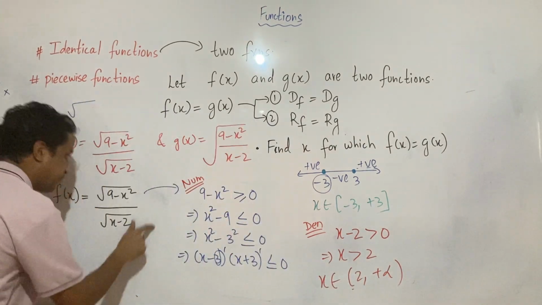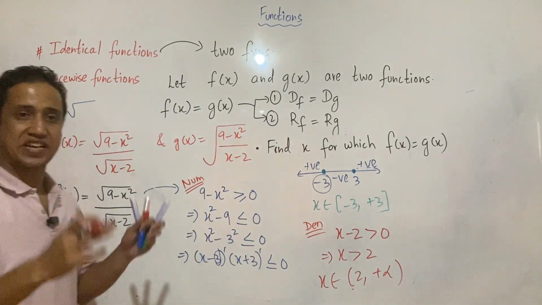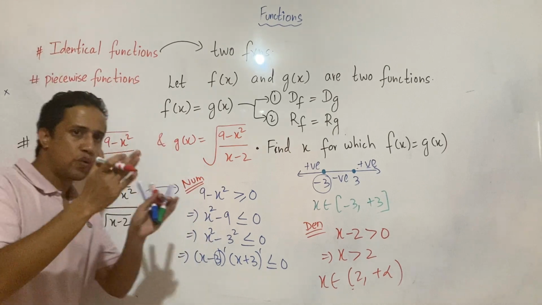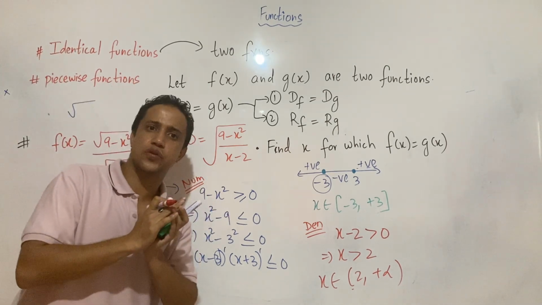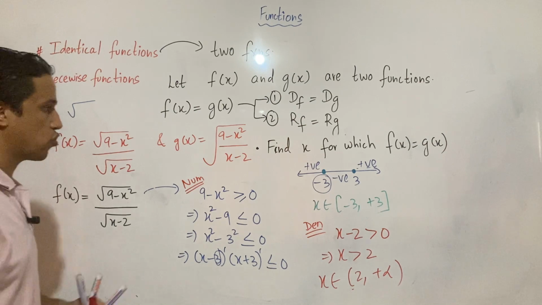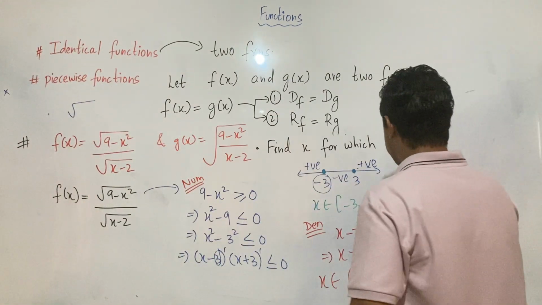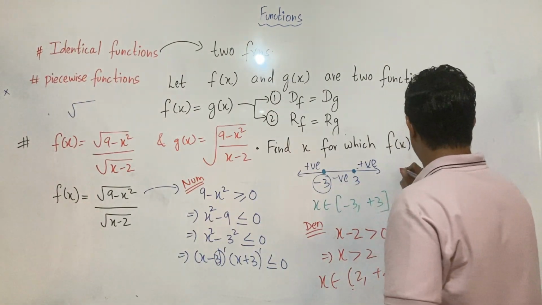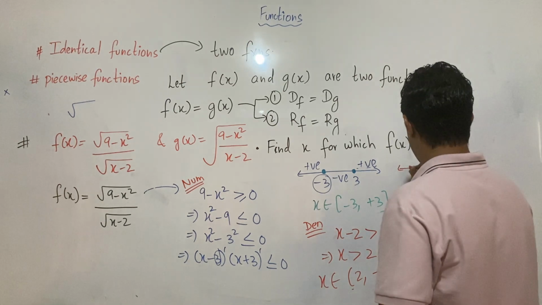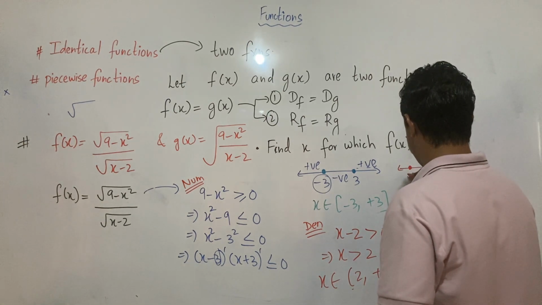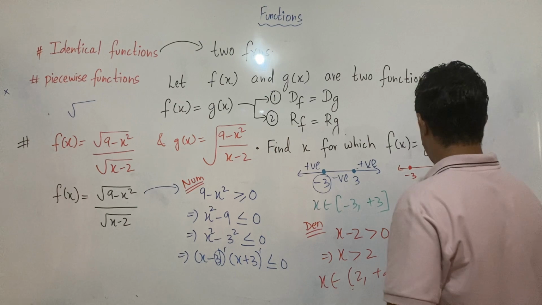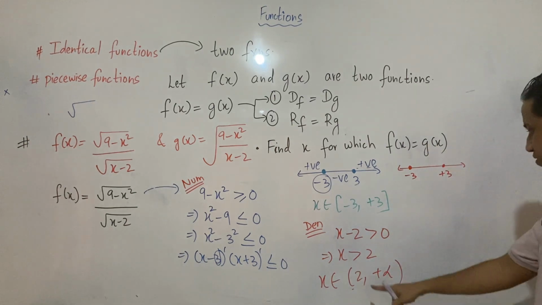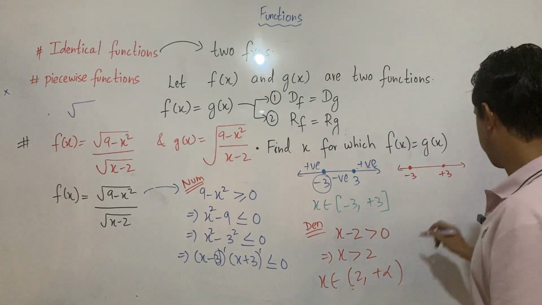If both of these have to be valid at the same time, then we have to find the common ground, right? So how can we find the common ground? See here, this is your minus 3 to plus 3, and this is your 2 to infinity.